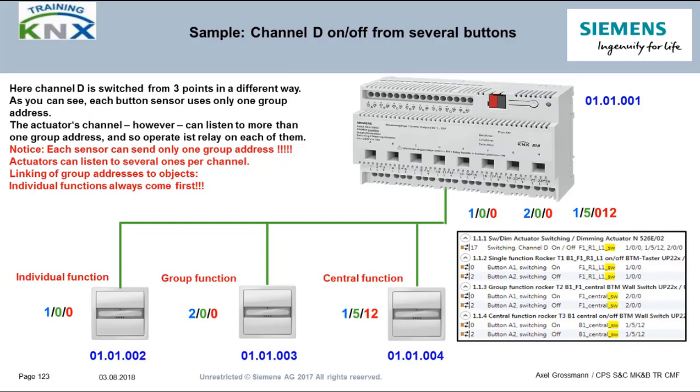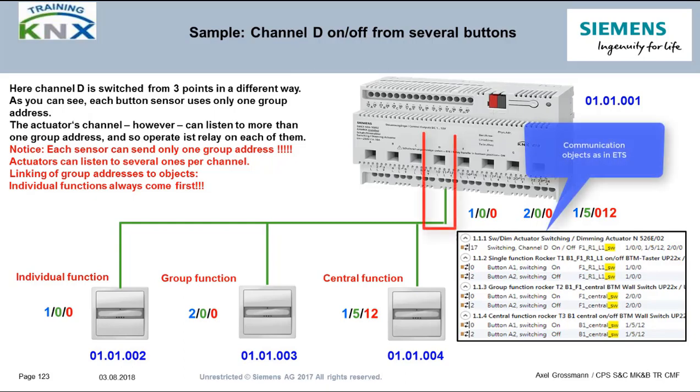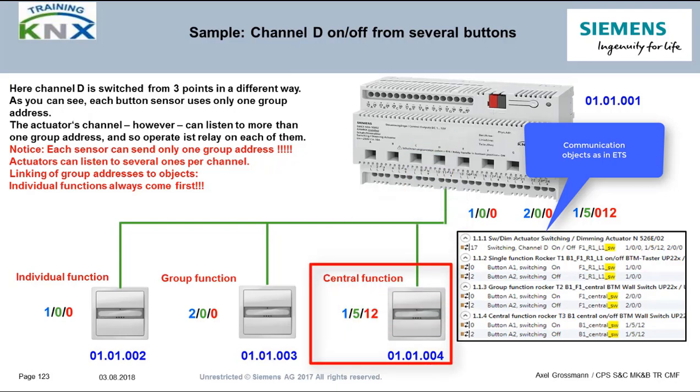Sample: Channel D on/off from several buttons. This example shall clarify how the control of an actuator channel is made correctly from various control points and with various group addresses. Channel D of the switch dim actuator on this picture is assigned to 3 different switching groups. The central group, B1 central switching, which means all lights in building 1 central switching.